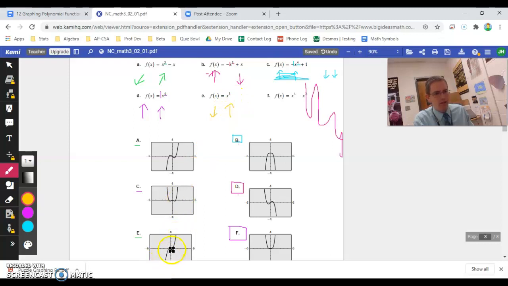So E is the graph that moves in one direction the whole time. A is the one that kind of has a little bit of a curve, and we'll talk more about how to know exactly when it curves, where it curves, and how it curves later. But just be aware that if you have a single term, it's going to be basically a simpler graph. And then this one with some extra terms would be the more complicated one, so I can do that.